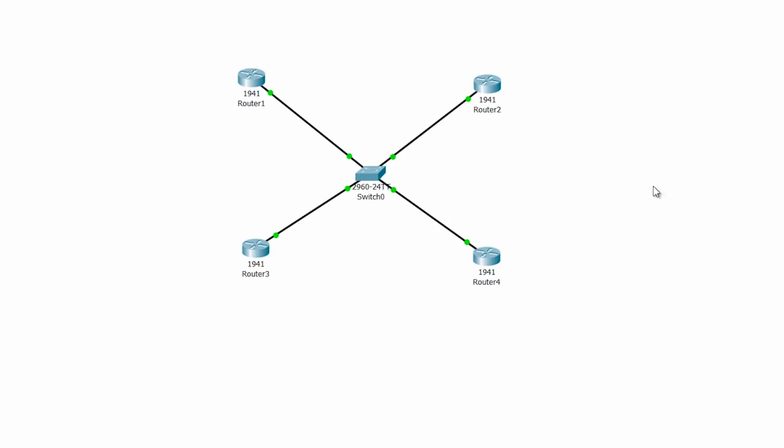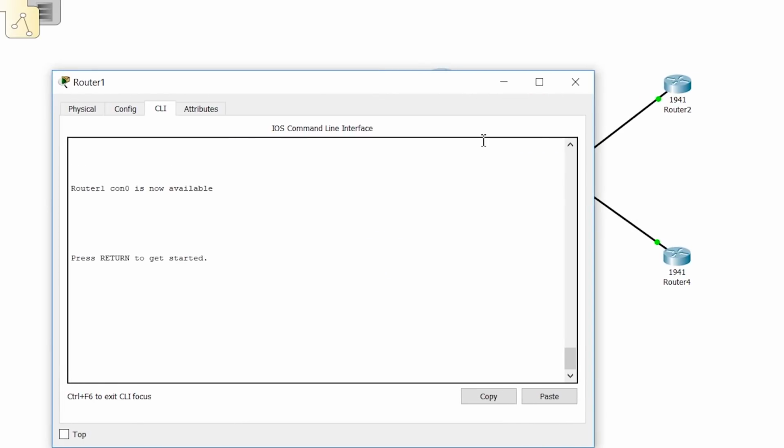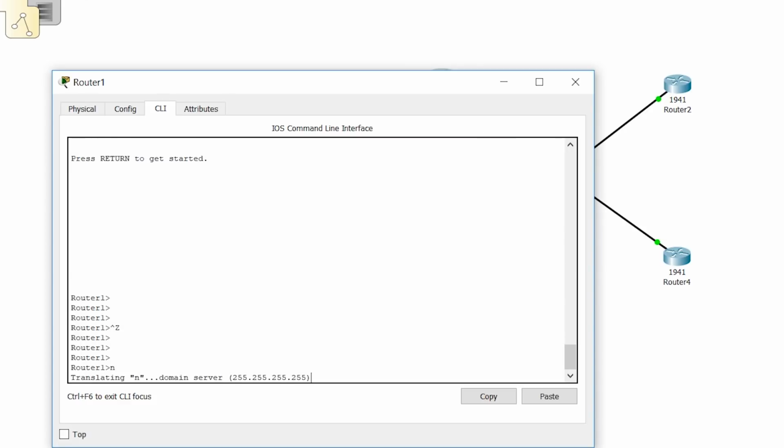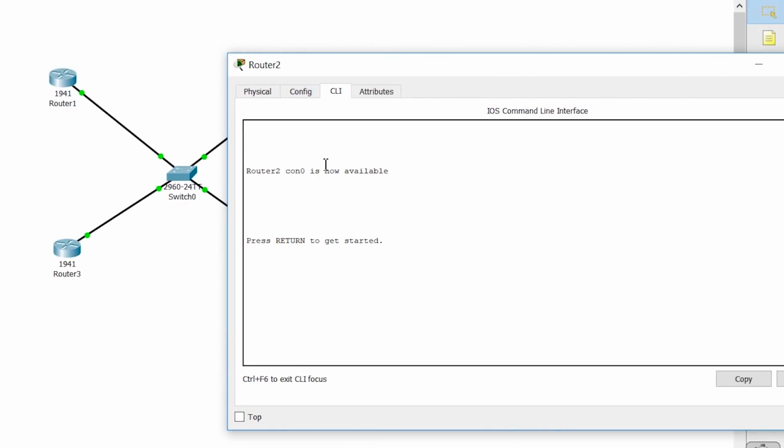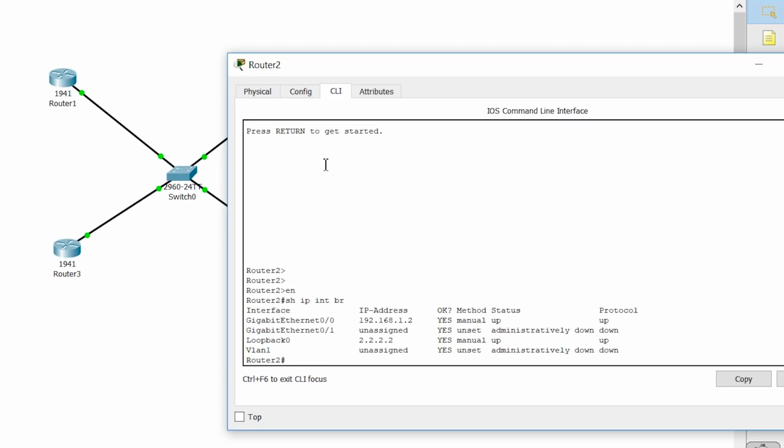it works. So I have not done much. I've just configured the interfaces.